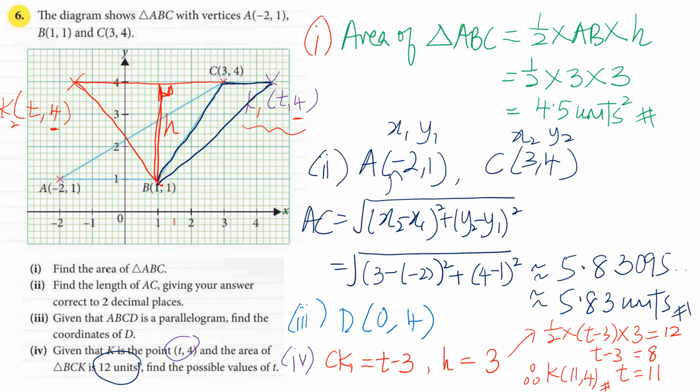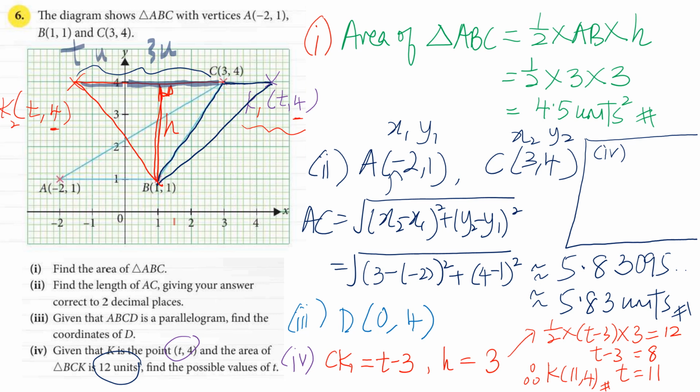Okay, let's look at the second possible case. The second possible case is your K is at the other side. So the distance of CK, this distance here, will be 3 units plus here, which is your t units.